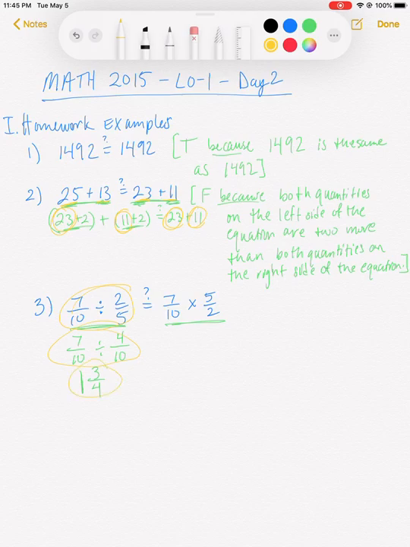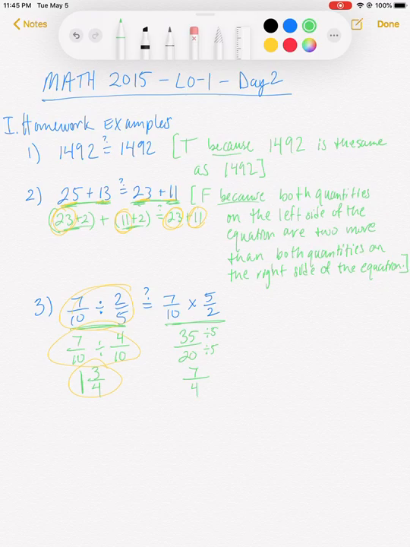Let's take a look at the other side. 7/10 times 5/2. We can go ahead and multiply the numerators and denominators. We get 35 over 20. And we can simplify that by dividing each one by 5. 35 divided by 5 is 7. 20 divided by 5 is 4.